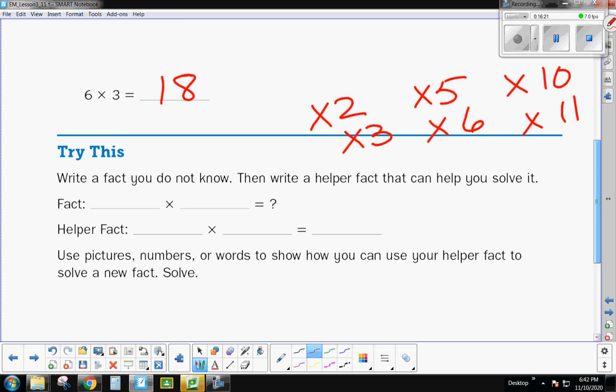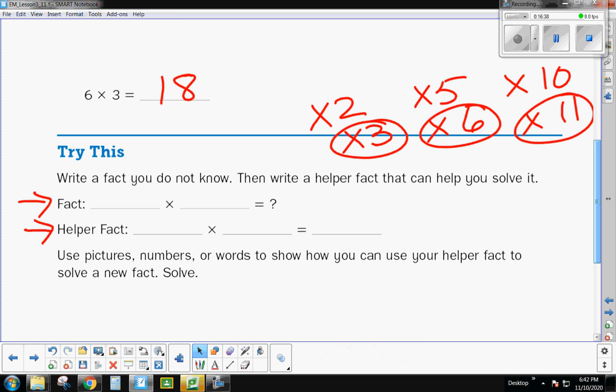So maybe choose a fact here that you don't know, maybe something times 3, something times 6, or something times 11, because those aren't easy facts to do. And then I want you to write down the helper fact that would help you solve it. I'm going to go ahead and let you do this part on your own, and that is going to be it for the lesson. What are we on right now? 3-11, I believe. All right.